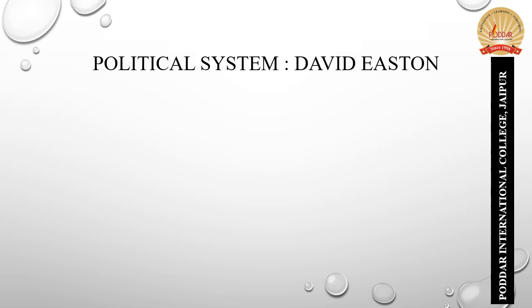Let's come to the political system according to David Easton. David Easton was the first political thinker to use system analysis to understand the political process. He explained system theory in his books, A Framework for Political Analysis and A Systems Analysis of Political Life.